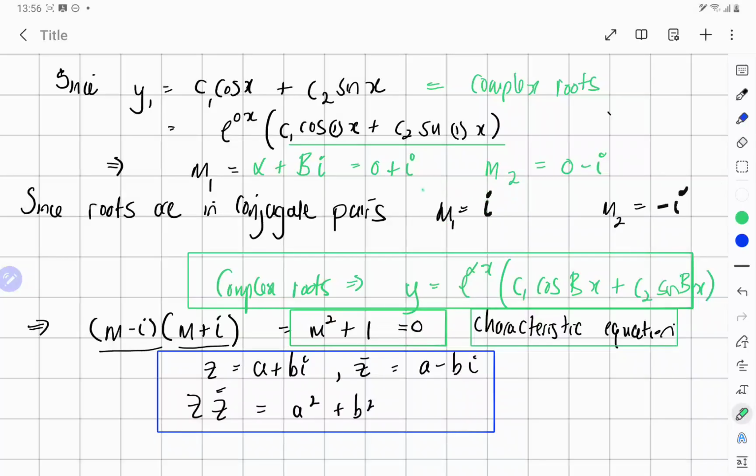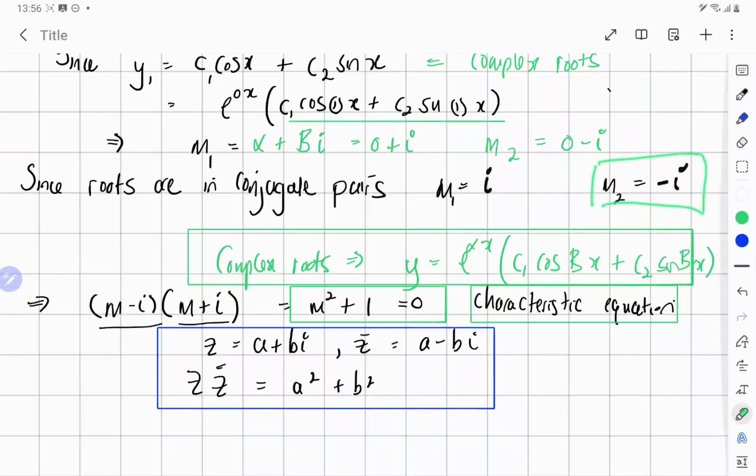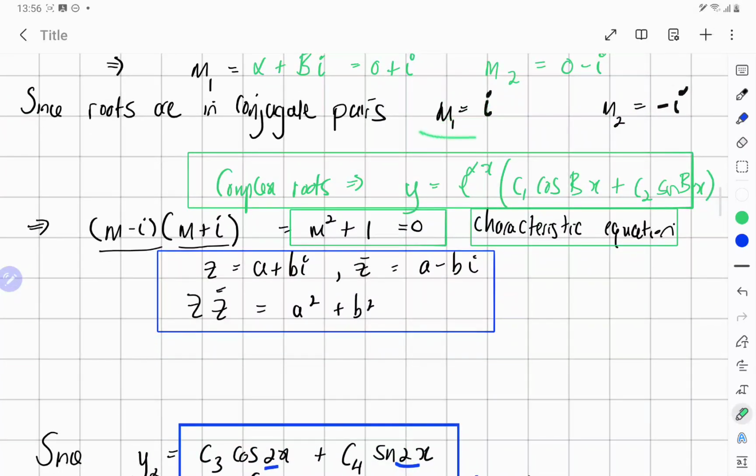So since the roots are in conjugate pairs, we have m is i and m is negative i. So we take them across, we have our 2 factors, we times them. So you can see here, I've mentioned this again, very important.